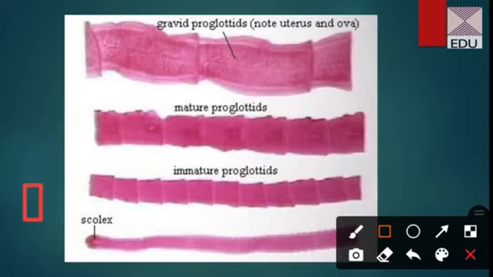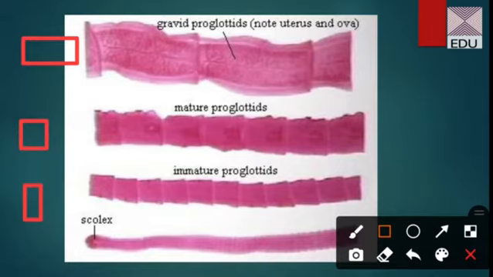If I make one mature proglottid, it will be just like a square. And if I make a gravid proglottid, it will be longer than its width. So that means they will be longer than their breadth. So this is the morphological difference between these three types of proglottids.